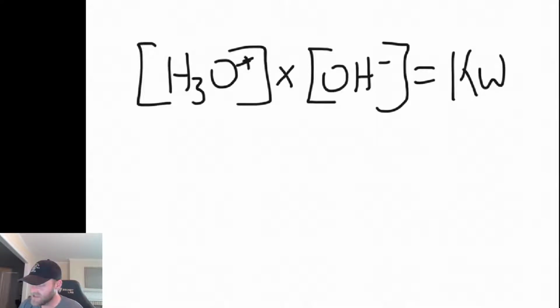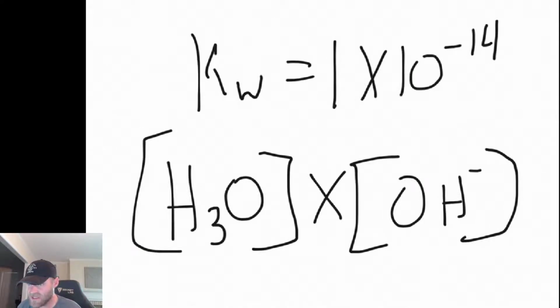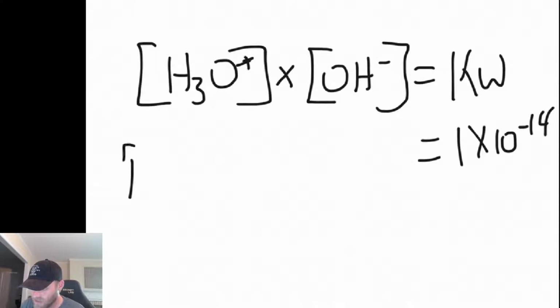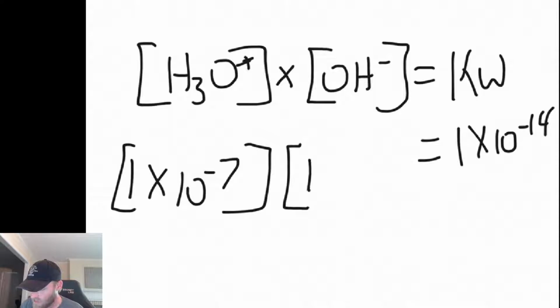All right, so we said KW is equal to 1 times 10 to the negative 14. And remember, KW is called the ion product constant, KW for water. The W stands for water. All right, so if that equals 1 times 10 to the negative 14, then both of these have to be, because these are the same, 1 times 10 to the negative 7.